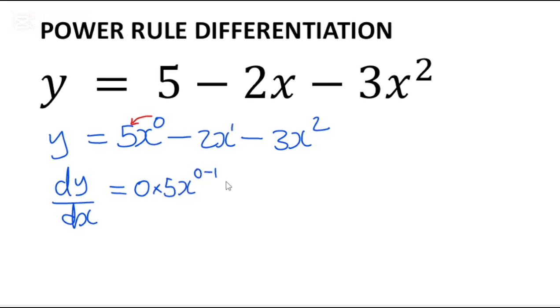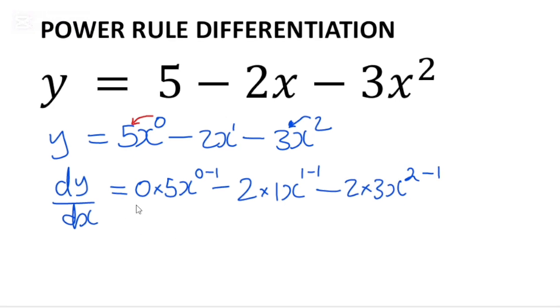Then here it's the same as we have to the power 1, so we have minus 2 times 1, then x to the power 1 minus 1, then minus this 2 times this 3, so we have 2 times 3, then x to the power 2 minus 1. Here we have 0 times 5x to the power 0 minus 1, and 0 times any number is going to be 0.